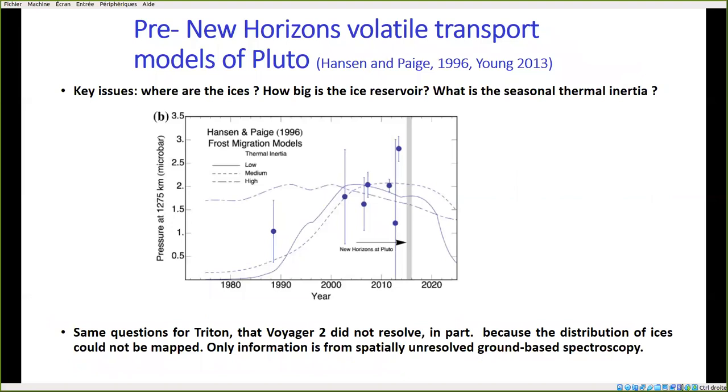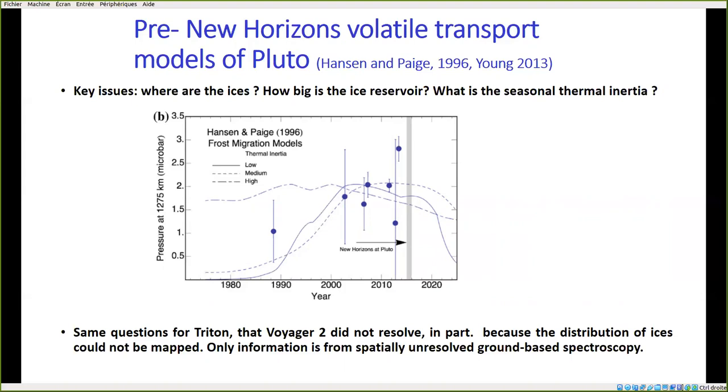Now, even before the New Horizons probe explored Pluto in 2015, volatile transport models have been applied and developed to try to understand this pressure evolution on Pluto. So these models have to make assumptions. And the main assumptions are, where are the volatiles, or where are the reservoirs of volatile ices?